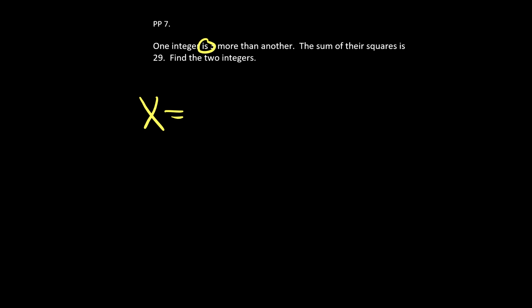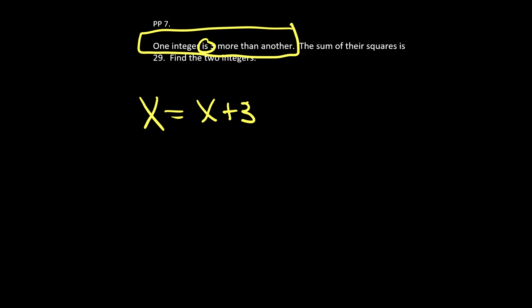So one integer is 3 more than another. So then on the right side it's going to be x plus 3 because it's 3 more than the one integer. All right, so this is my first equation out of this first sentence.